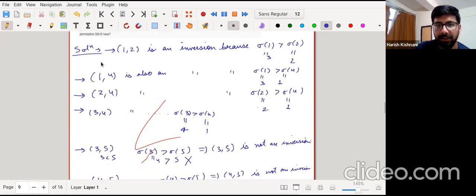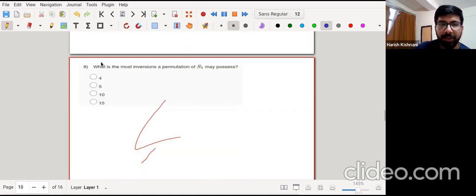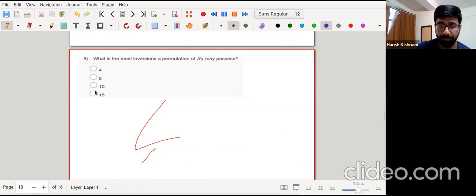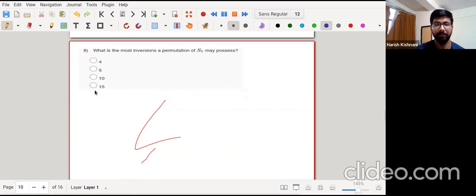It has 4 inversions. So definitely your answer has to be greater than or equal to 4, which is obvious. These 4 options also suggest you don't achieve anything by observing the last question directly, but yes, still you can make it out.